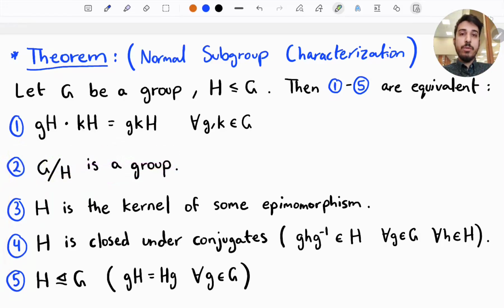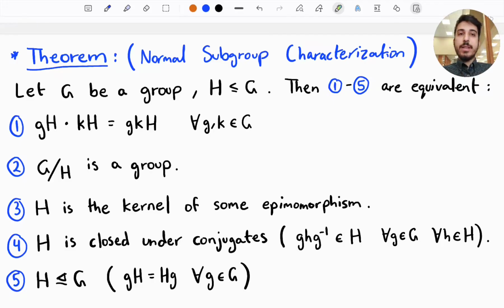Okay, if G/H is a group, we want to know what the operation is. The operation is given by if we multiply two elements of G/H, which are two cosets, so gH times kH, that is defined to be giving the coset gkH. So this is how we are defining it.